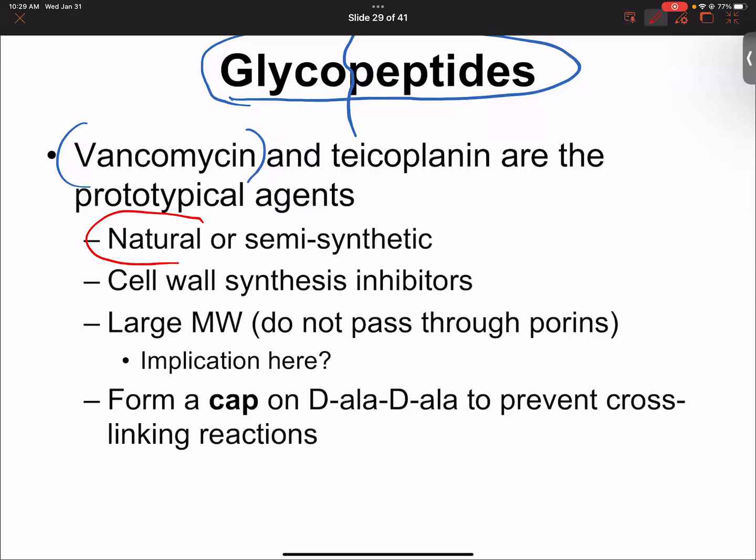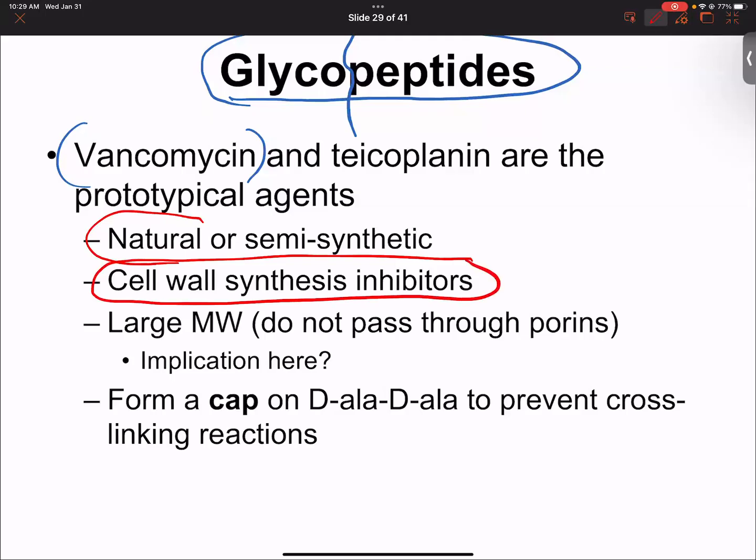If you Google Mississippi mud, there'll probably be a story about vancomycin and toxicities associated with that. The purification process is far better now. We get very, very pure drug. Did that eliminate the renal toxicity associated with vancomycin? No, it still exists. So that tells you there's a drug-related toxicity occurring.